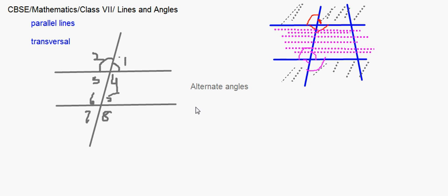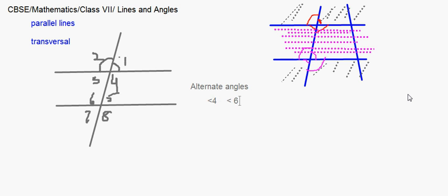They lie on the opposite sides of the transversal. So in this figure, 4 and 6 are the pair of alternate angles. They are sometimes called the Z angles actually. So angle 4 is alternate to angle 6.